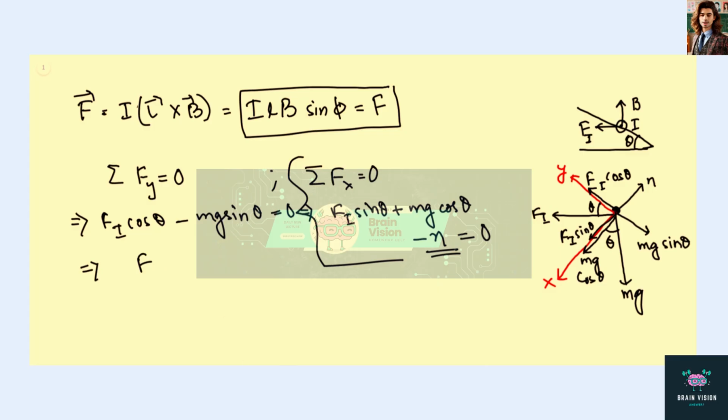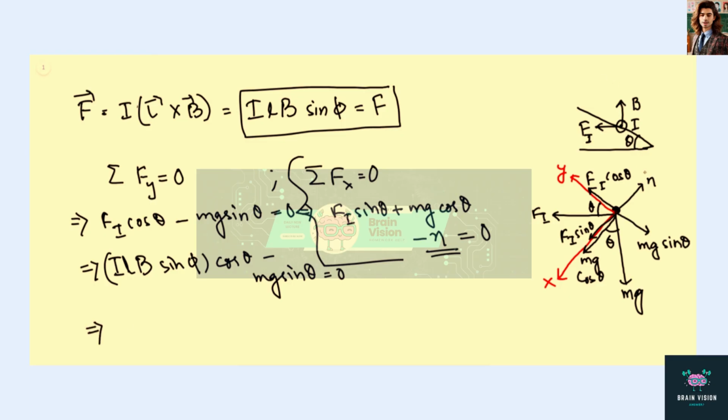Okay, so before doing that, let's just use the equation of this force, because force is basically the magnetic force. So we are going to use this equation, I L B sine phi times cos theta minus mg sin theta equals 0.